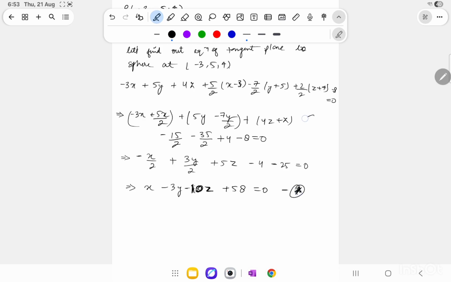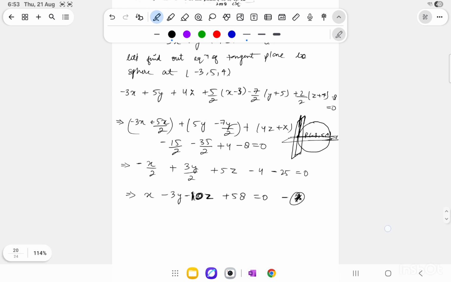So if this is my sphere and this is my equation of tangent plane, we are basically supposed to find, at point P minus 3, 5, 4, and this is the equation of circle that is given to us, the equation of tangent line.